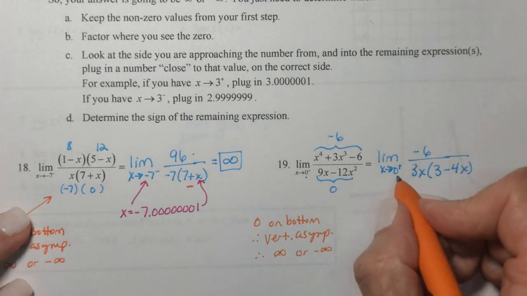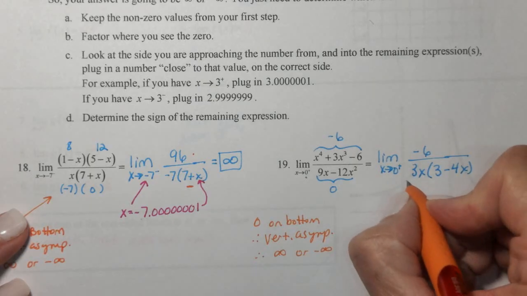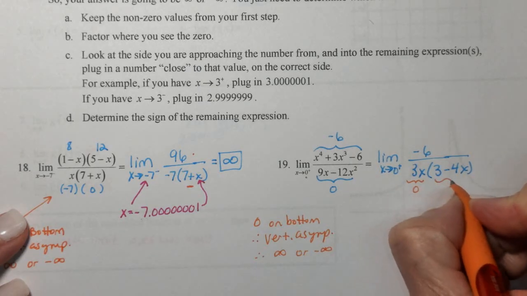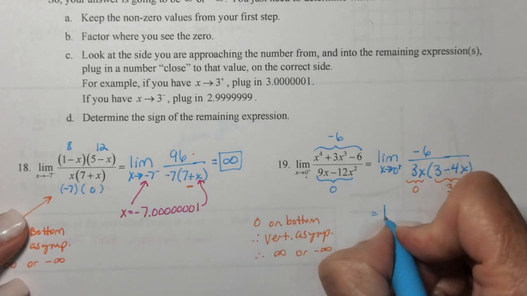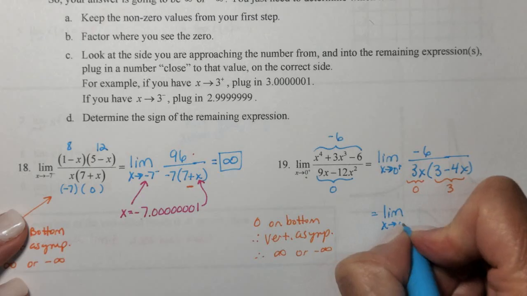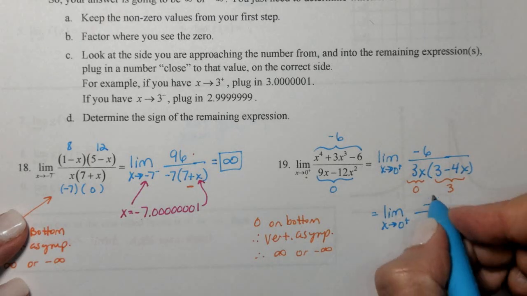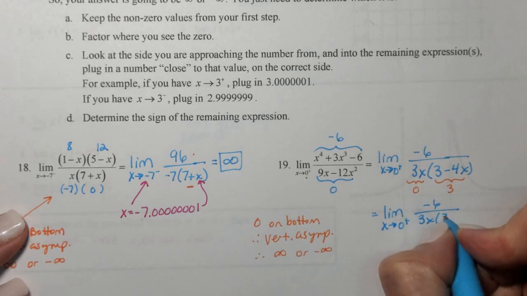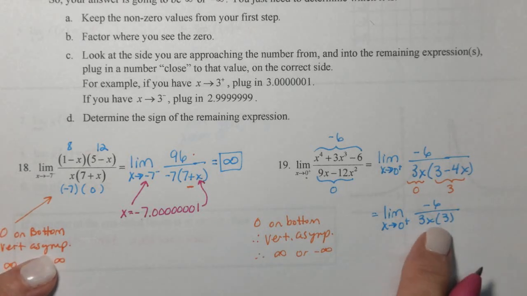Now if I put in 0 again, here's my 0, and this is 3. So now my limit is -6 on top, 3x times 3 on the bottom. All right, I'm down to my single x here.